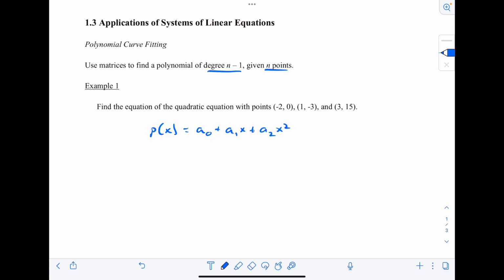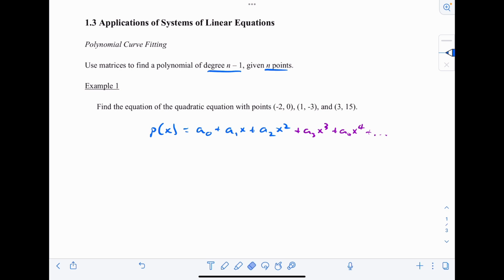The reason I want to write it this way is if we wanted to extend this idea to a cubic function, a quartic function, or anything higher, I would just keep adding a3x cubed plus a4x to the fourth, and so on. So I could make this as large of a polynomial as I wanted to. As I added more points, I would simply be adding more terms to my polynomial.